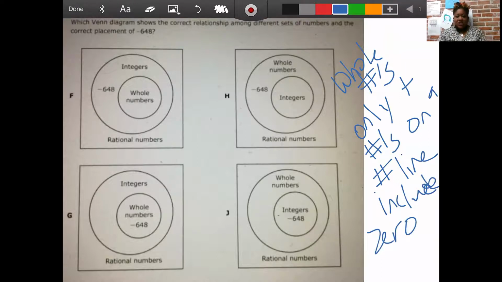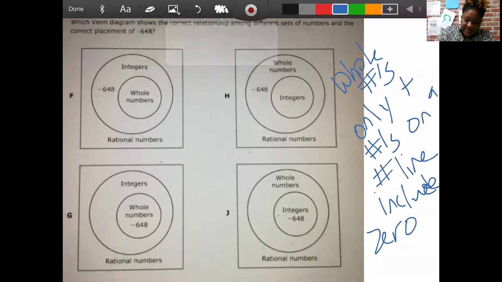So write that down. Look at a number line. On a regular basic kindergarten number line, you don't see decimals and fractions. You just see whole numbers, 0, 1, 2, 3, 4, 5, 6, 7, 8, 9, 10, right? So make sure you write that down and you know that, okay?